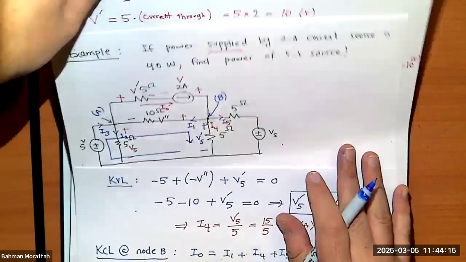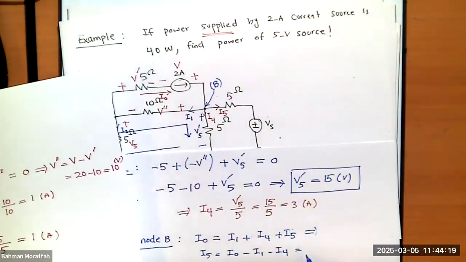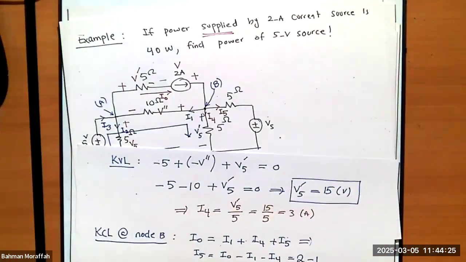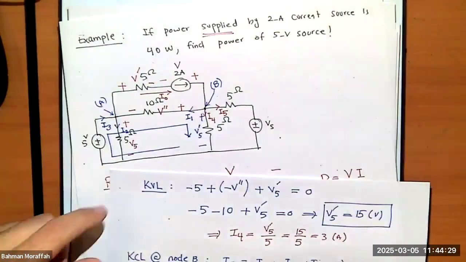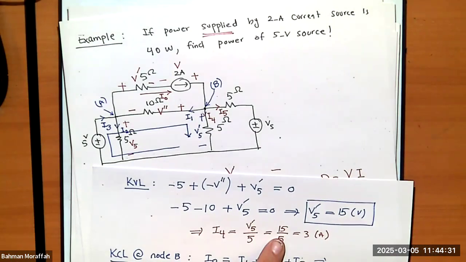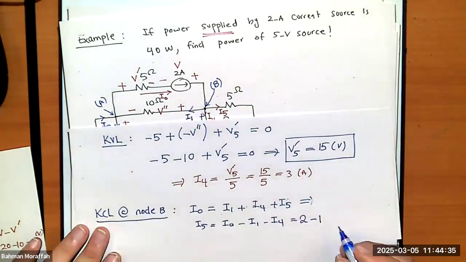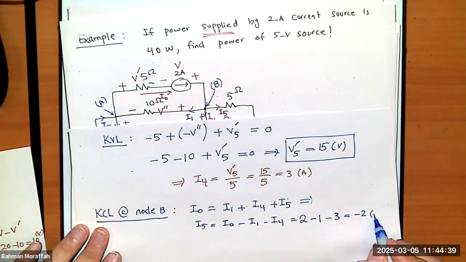I computed I naught. I naught is 2. I1 is 1. I4, we just computed it. It's 3. So that tells me I5 is negative 2 amps.